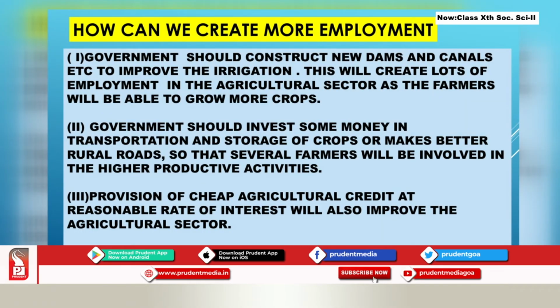The government should construct more dams and canals to improve irrigation. This will create employment in the agricultural sector, as farmers will be able to grow more crops.